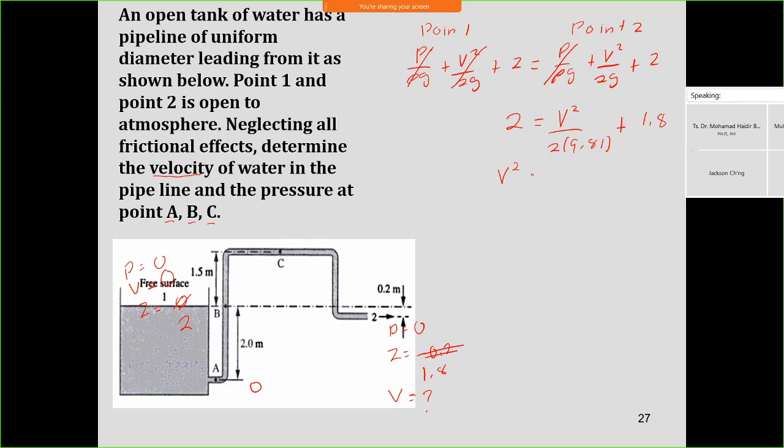V square is equal to 2 minus 1.8 times 2 times 9.81.